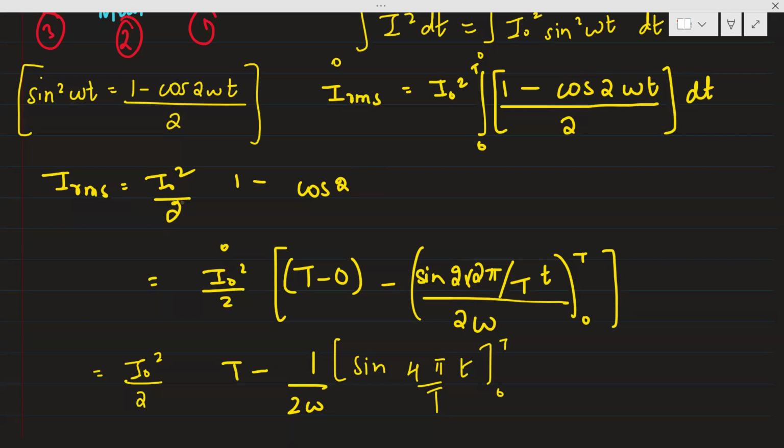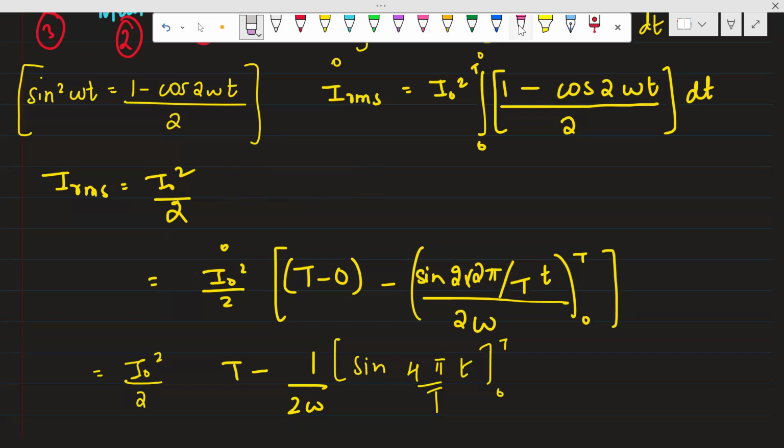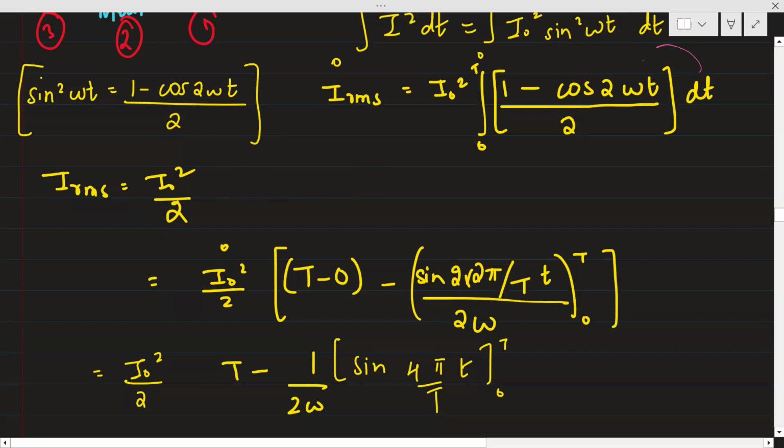If you want, you can put it like this. The dt will be multiplied inside. Let me multiply dt and write it in one step. This dt will be multiplied to this, and this dt to this one.